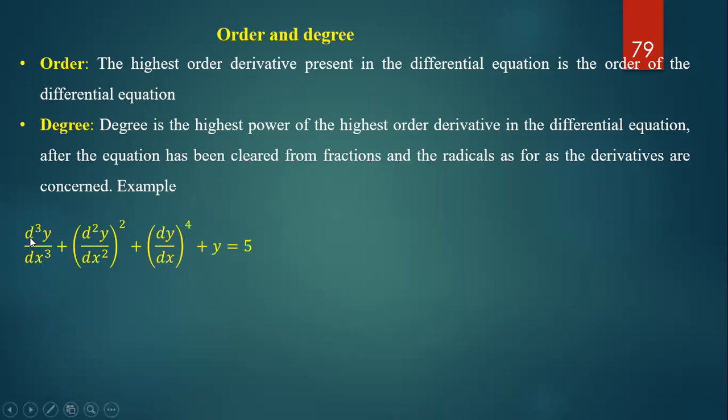For example, here: d³y/dx³ plus (d²y/dx²)² plus (dy/dx)⁴ plus y equals 5. Here our highest derivative is d³y/dx³.